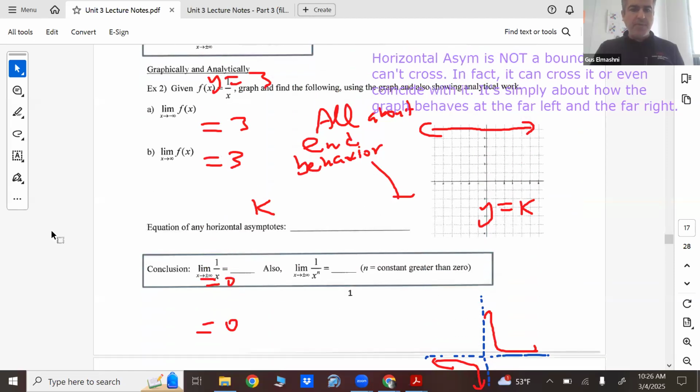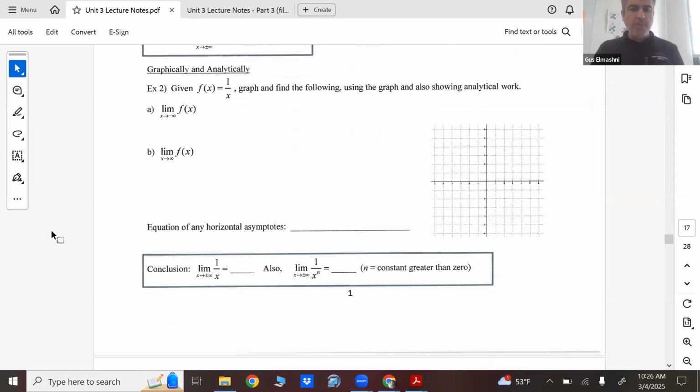And the equation of the asymptote is pretty simple. Just y equals 0. And yeah, just 0 in each case. And even if you have a constant greater than 0 for n, it's still going to be 0. There's not really any analytical work here.